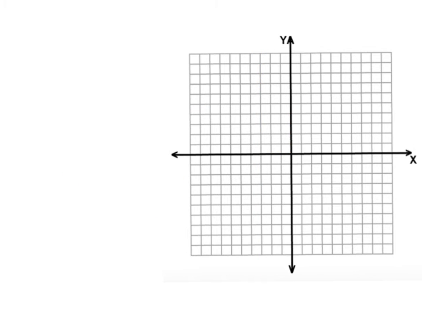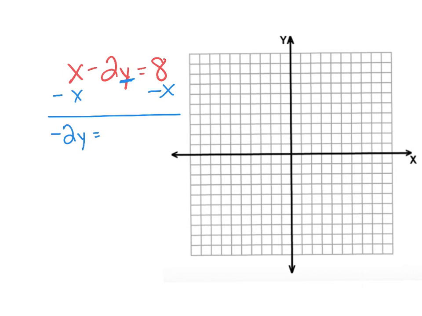Let's do a couple where you change from standard form into slope-intercept form. X minus 2y equals 8. So I'm going to leave y. That's got to stay there. I'm going to subtract an x from both sides. So I've got my -2y equals, and I'm going to do y equals mx plus b. So I want the m and the x right away.